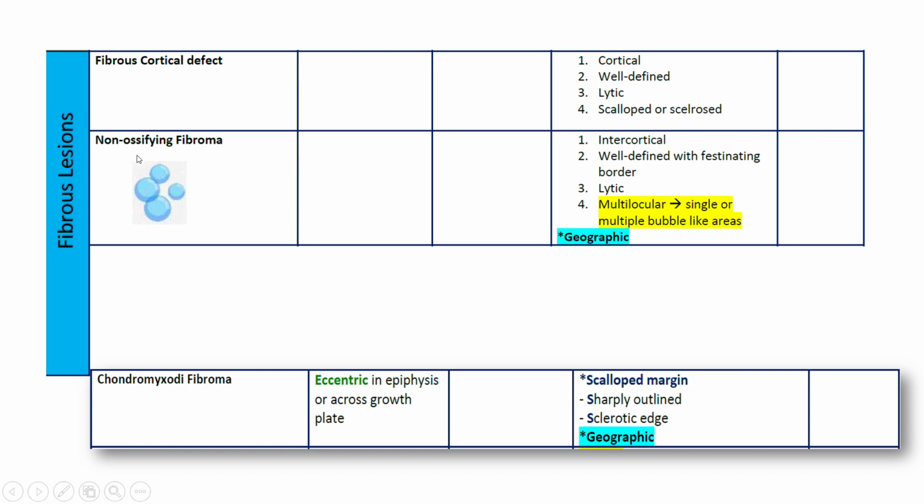As you can see here, it's non-ossifying, which means that it's not formed of bone, or it doesn't result in bone formation, so it's a bubble-like lesion, multilocular, single or multiple bubble-like areas with no bone formation inside. That's what's meant by non-ossifying fibroma. It's usually intracortical, and the borders are well defined, yet they have festooned borders.